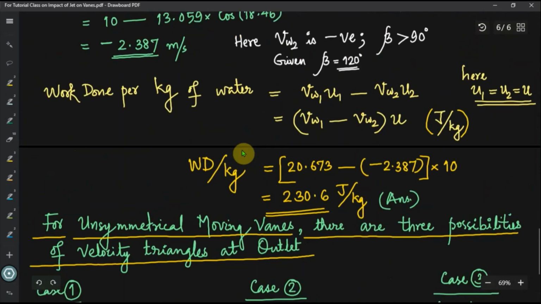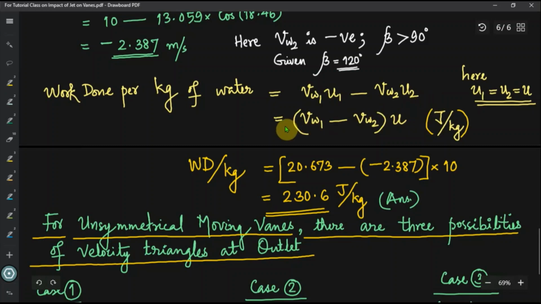Now we will find out the work done per kg of water, that is work done per unit mass of water striking. So that is given by VW1 U1 minus VW2 U2 alone. And if you multiply this quantity by rho into Q, that is mass flux, then you will get work done per second. That is power, Euler's power.